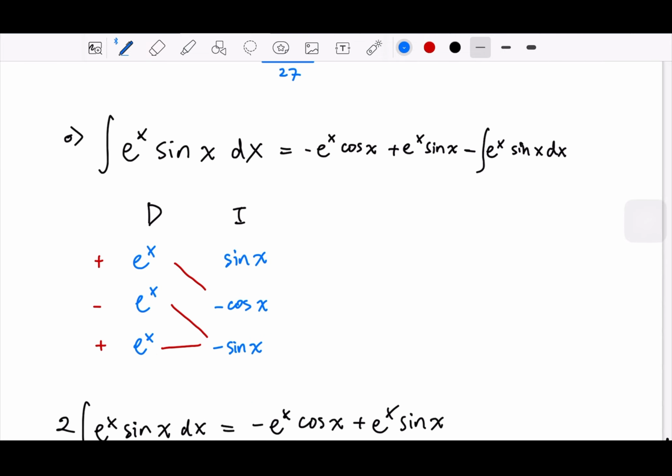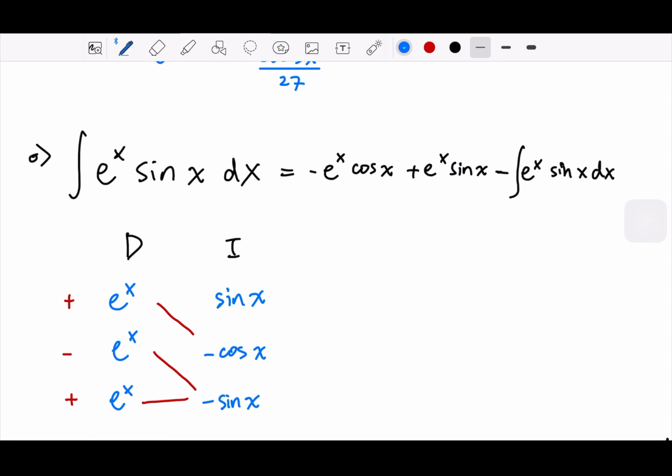Okay. Now the problem with this kind of integration is if you don't realize that this part is the same as the original one, you are going to integrate this part again. You will have another equation, and the result will be really long, and it will not end nicely.